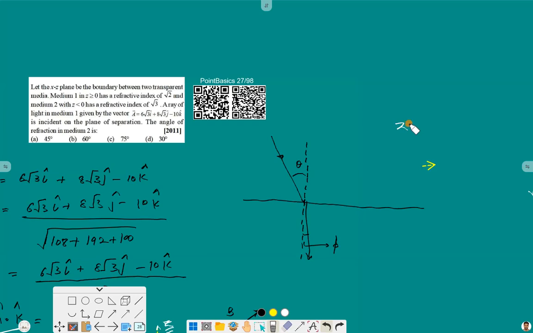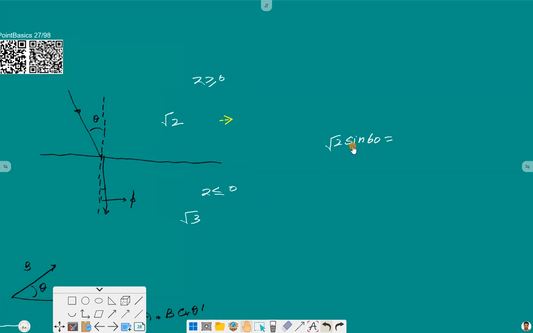So this side is z greater than 0 and this side is z less than 0. For z greater than 0 we have refractive index root 2, and here we have refractive index root 3. So this will be root 2 into sine 60 equal to root 3 times sine of phi. So when we solve for phi, we will get phi equal to 45 degree.